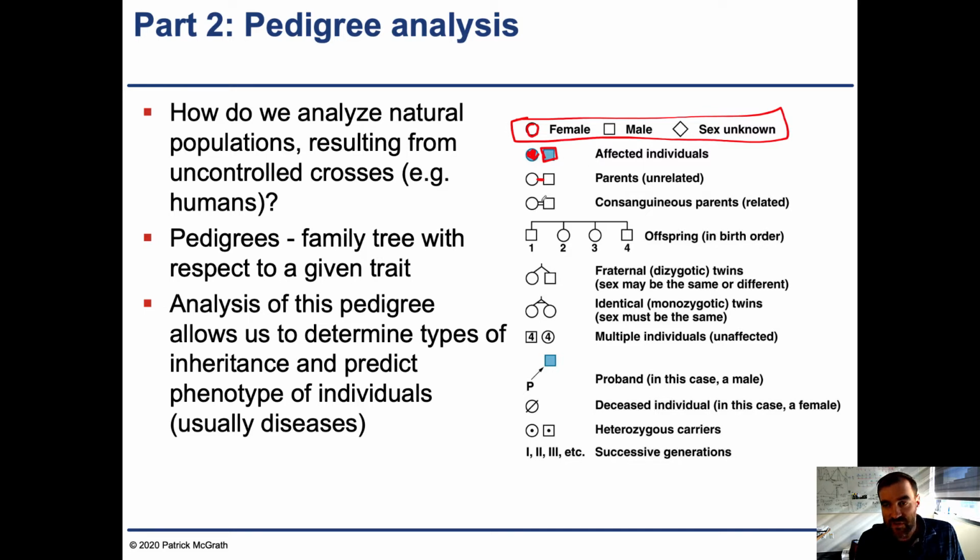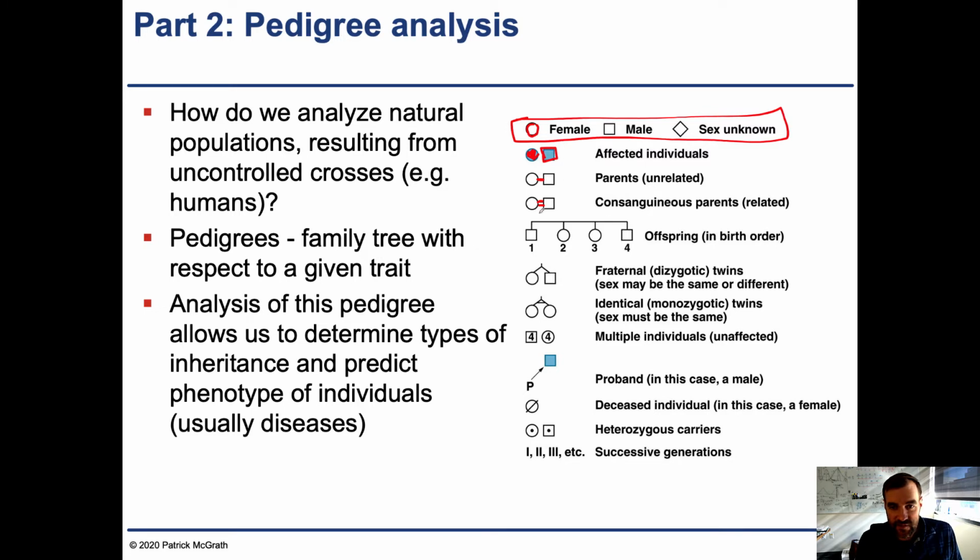If those two individuals are related, for example if they are cousins, or sisters or brothers, then that is further indicated by having two horizontal lines together. Very often for these very rare diseases, having consanguineous parents, where related individuals have offspring, makes it much more likely that these rare alleles can combine to produce a homozygous individual.